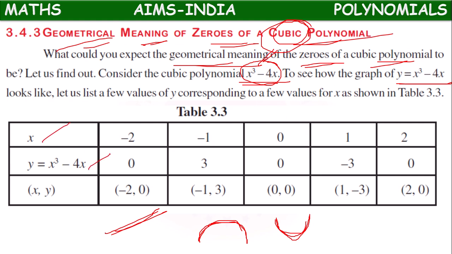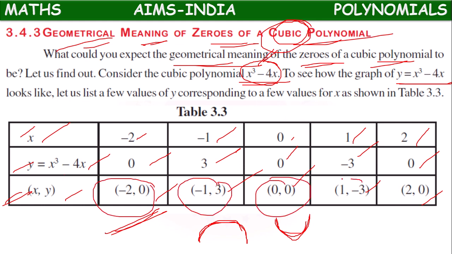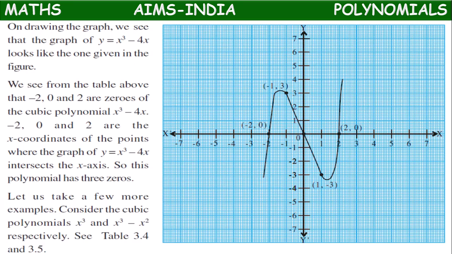We write a table of x values, y values, and x comma y coordinates: minus 2 comma 0, minus 1 comma 3, 0 comma 0, 1 comma minus 3, 2 comma 0. Like that, we first have to write the table of x values, y values and coordinates. Based on the xy coordinate values, we have to draw the graph for this expression.